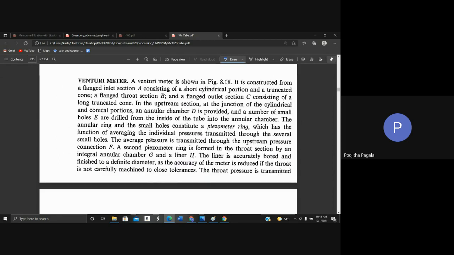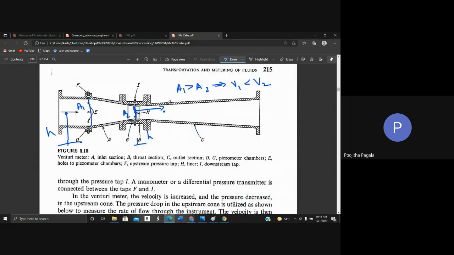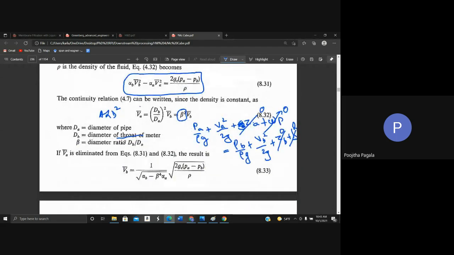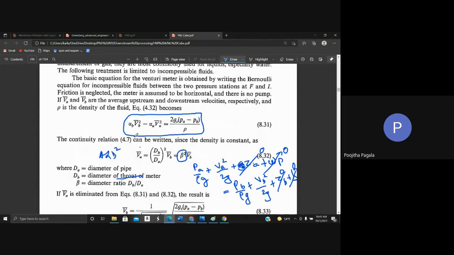So this part is called the throat. Diameter of the throat divided by diameter of the pipe is beta. And I hope, do you know the meaning of alpha? Okay, I didn't introduce you to alpha, but alpha is the kinetic energy correction factor.